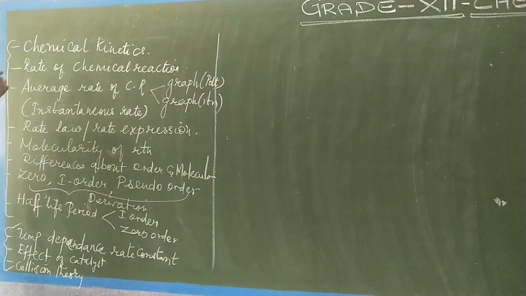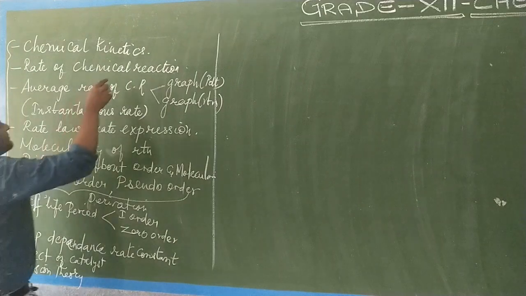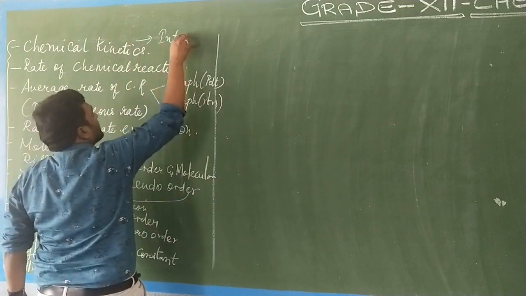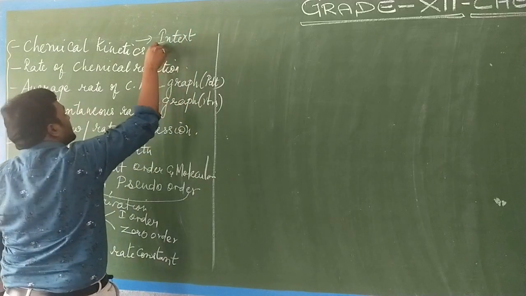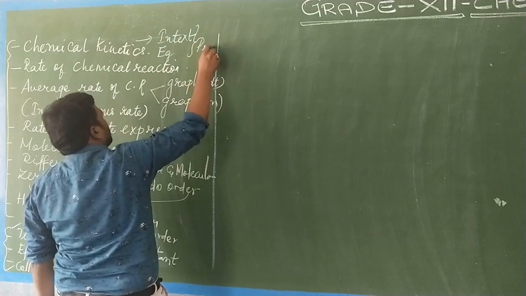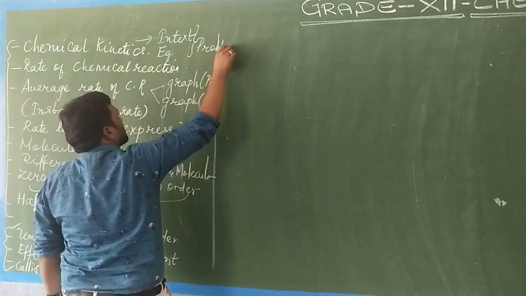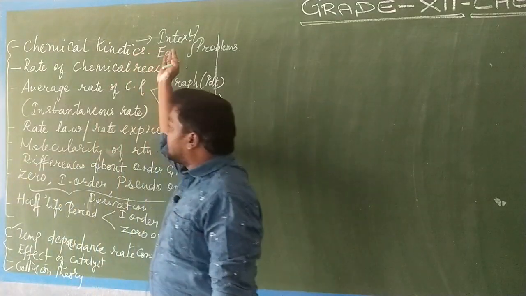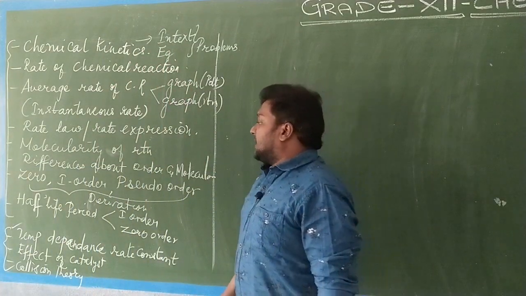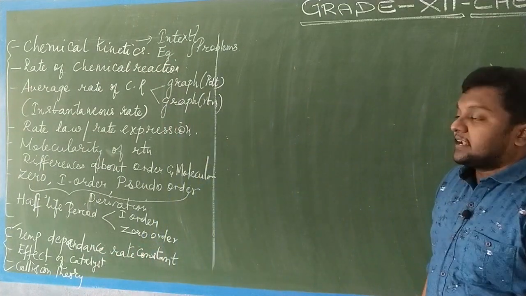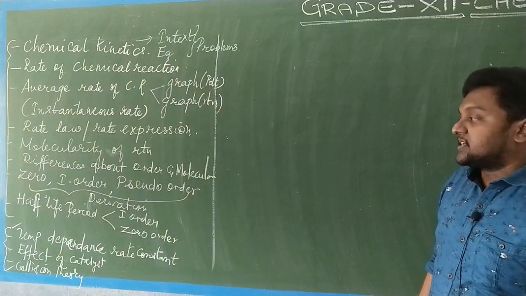From all these topics which we have covered so far, we have done the in-text as well as example problems. We have completed. Okay, so today we have to study temperature dependent rate constant, effect of catalyst, and the other one is called collision theory.